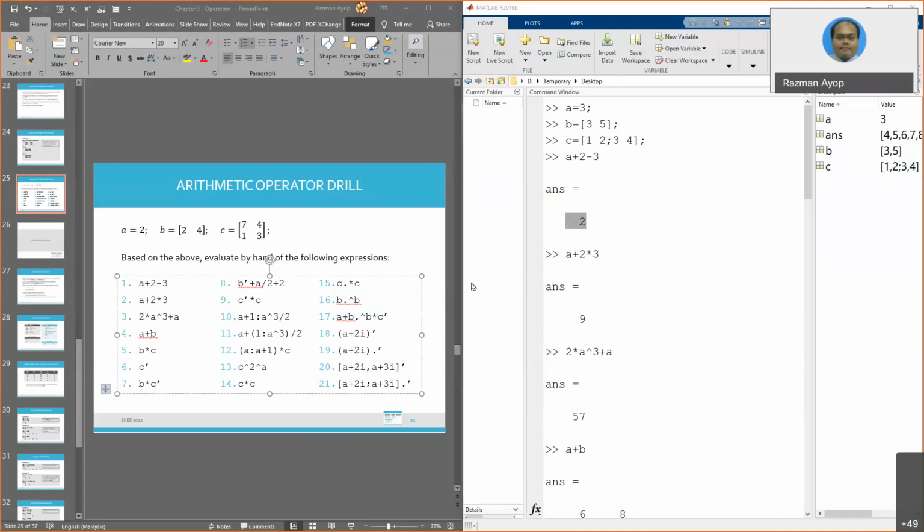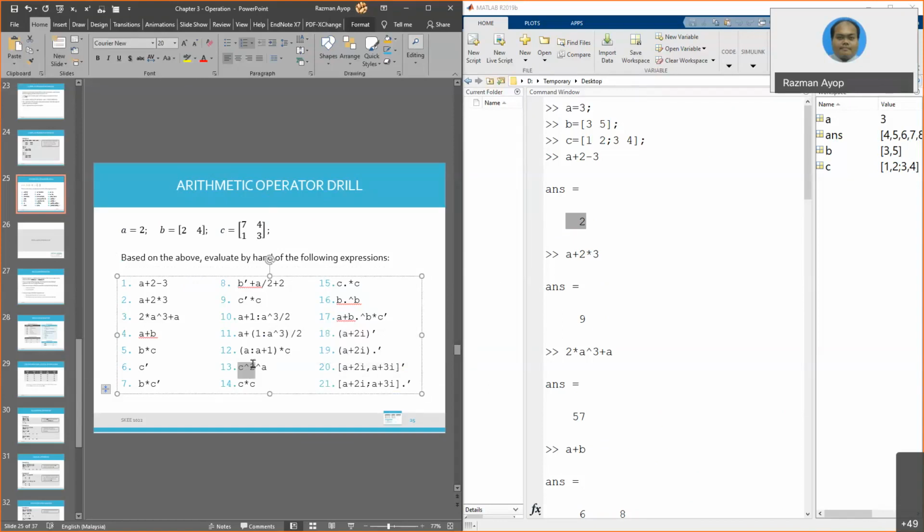You can try to do some searching. Because in the test, usually you don't have MATLAB. They will give you something like this and you have to do the operation manually. You have to determine what is the value for all of this.